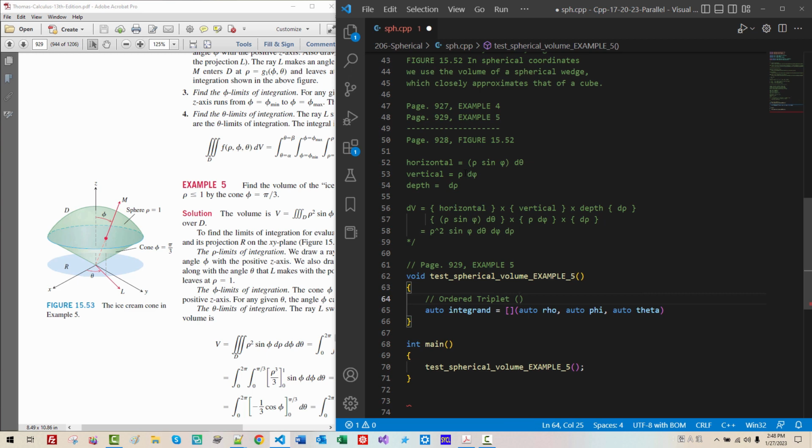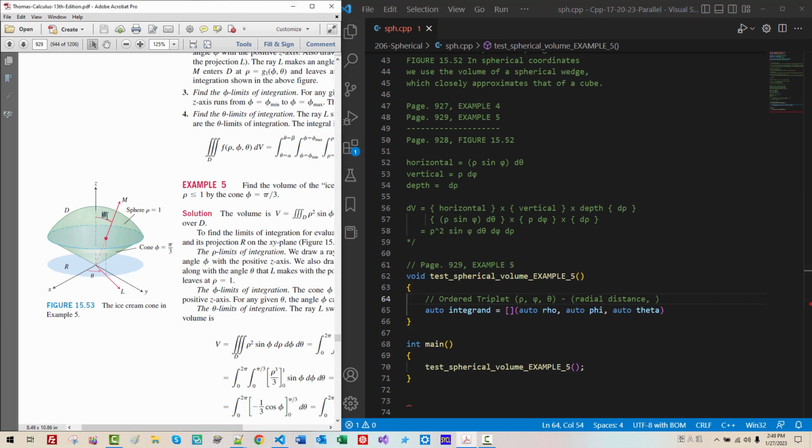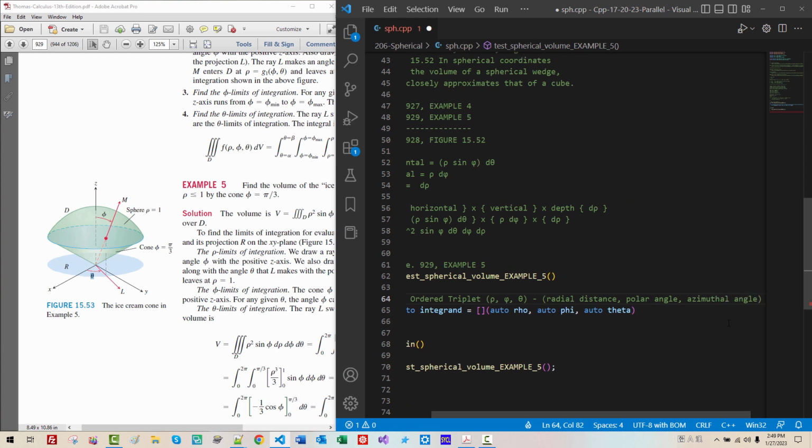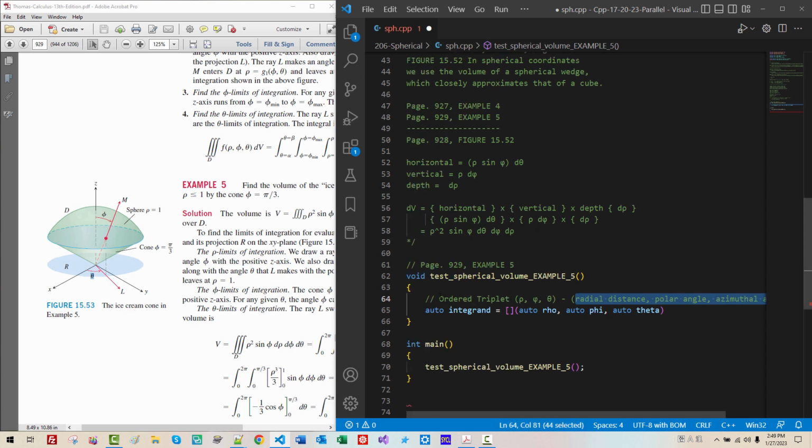In this case, rho, phi, theta: rho is the radial distance, this angle is called the polar angle, and this angle is called the azimuthal angle. You should remember the order of these parameters because it is an ordered triplet.